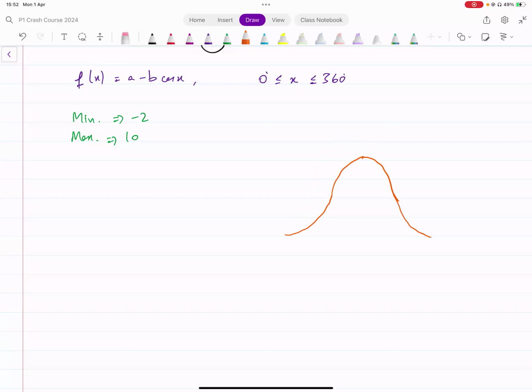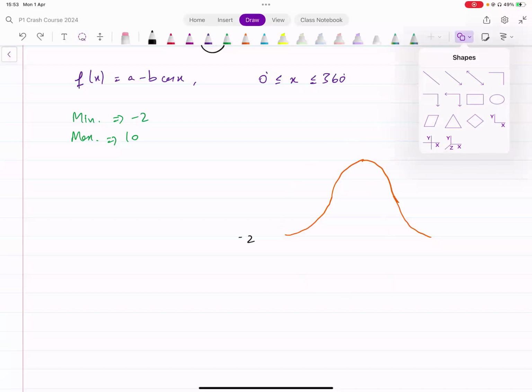Now the question is basically telling you the least value is -2 and the highest value of this function on the y-axis is 10. So you know the least value is -2 and the maximum value is 10. Where is the baseline going to be?